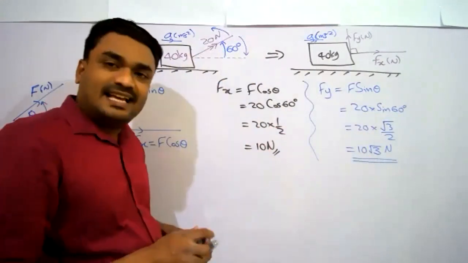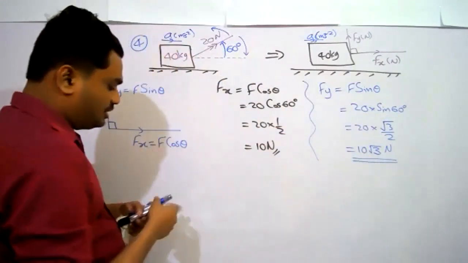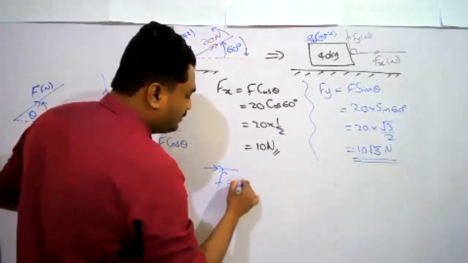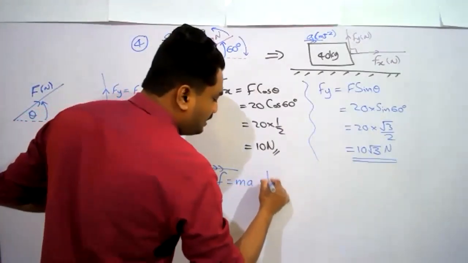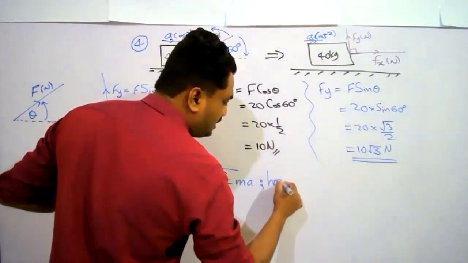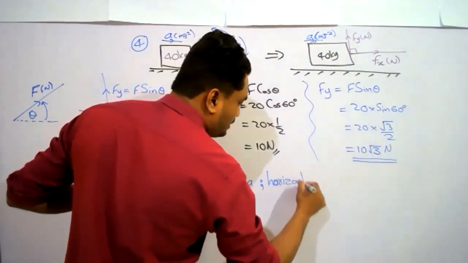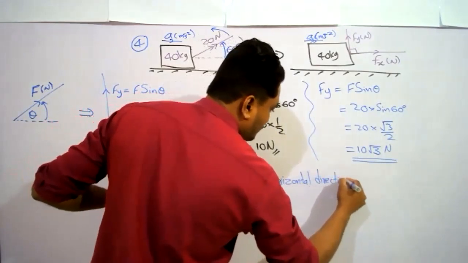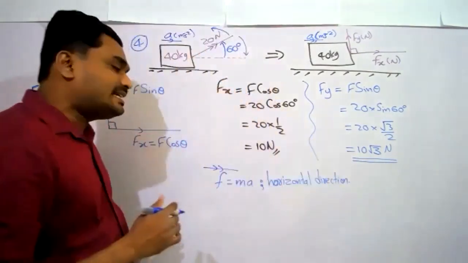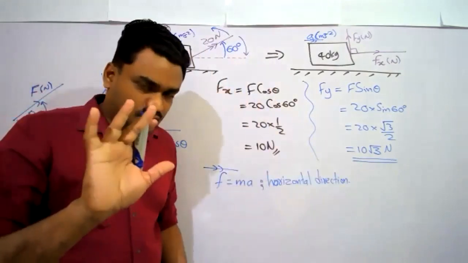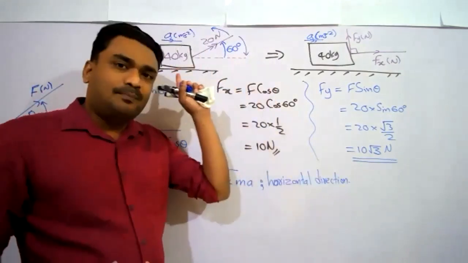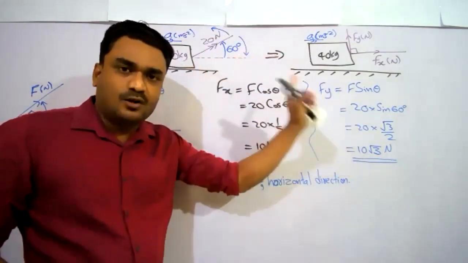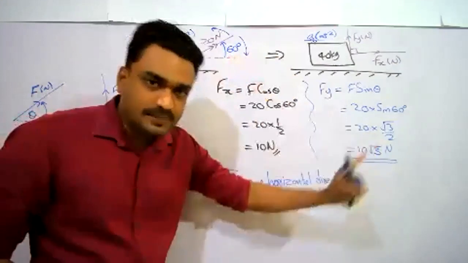Right, now we want to find the acceleration. To find the acceleration along the horizontal direction, let me apply F equals ma along the horizontal direction. Listen to me, don't write. Once we say that we apply F equals ma along the horizontal direction, we should take only the horizontal components.